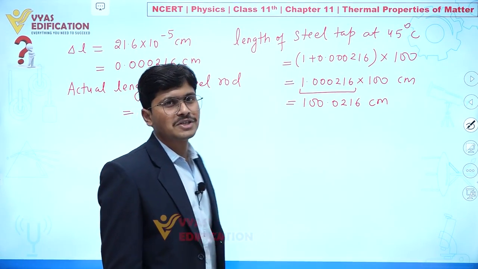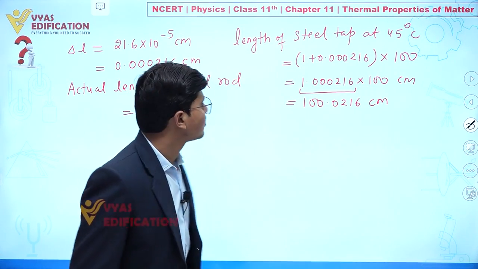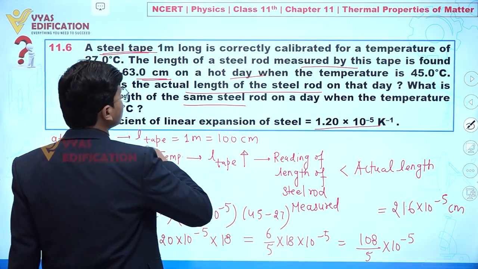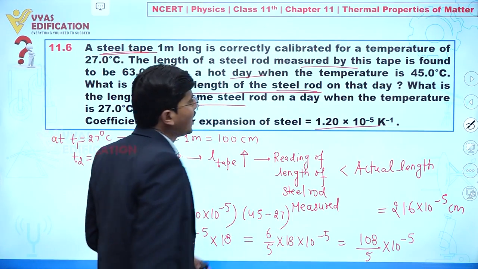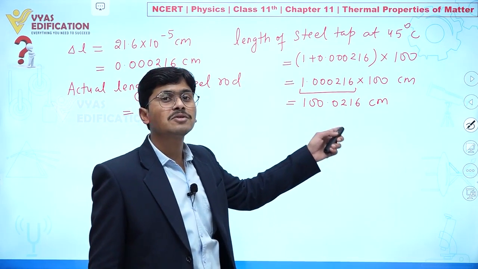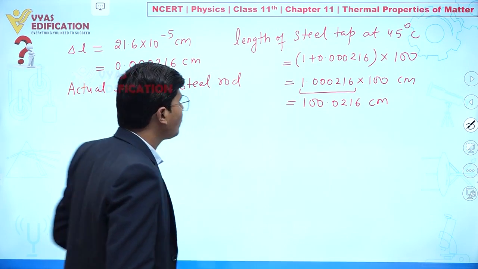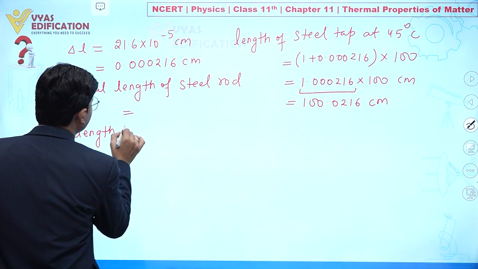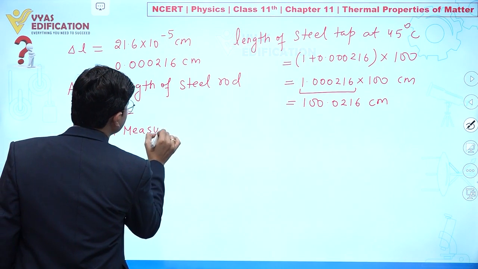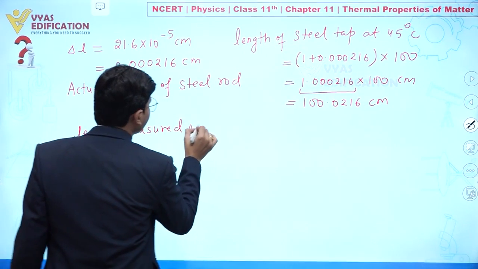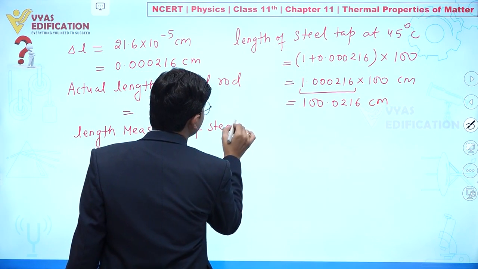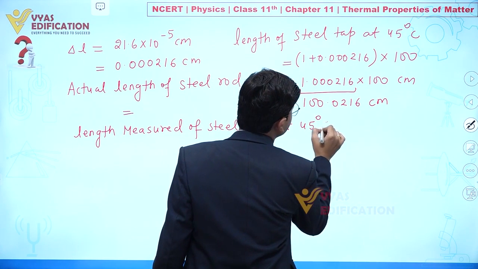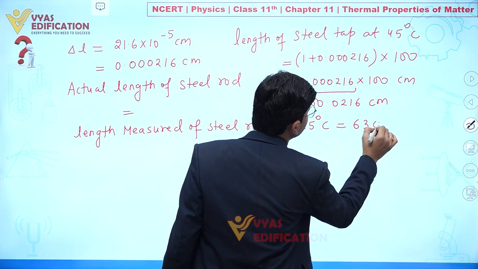Now what is our objective? Our objective in this question is to find the length of steel rod. Actually we find this is length of steel tape. Clear? Now we know length measured of steel rod at 45 degrees Celsius is equal to 63 centimeter.